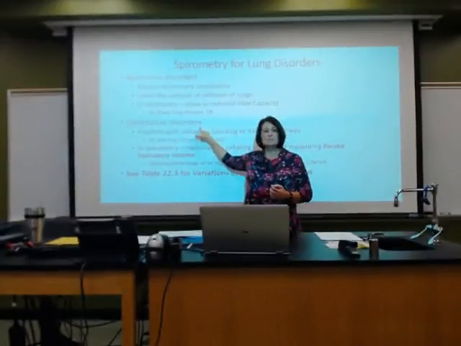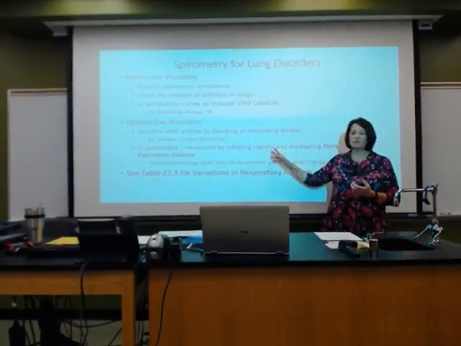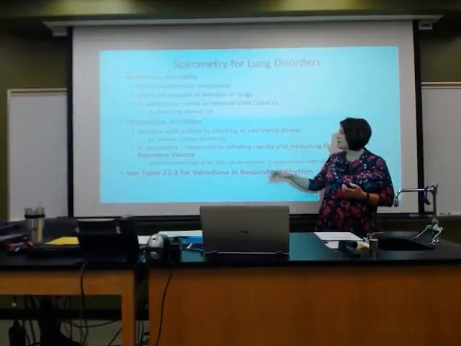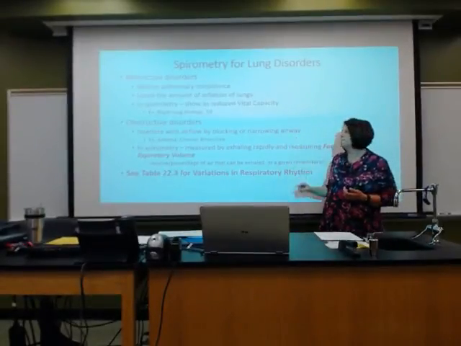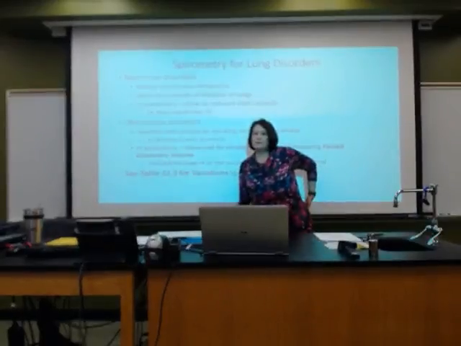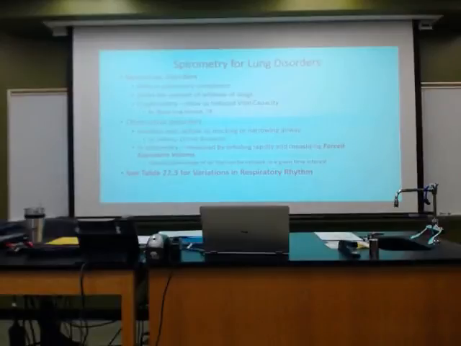Obstructive disorders. Something interferes with our airflow, blocking or narrowing the airway. Asthma. What happens when someone has an asthma attack? They're going to basically constrict up in their bronchioles, and it's like they won't open back up.